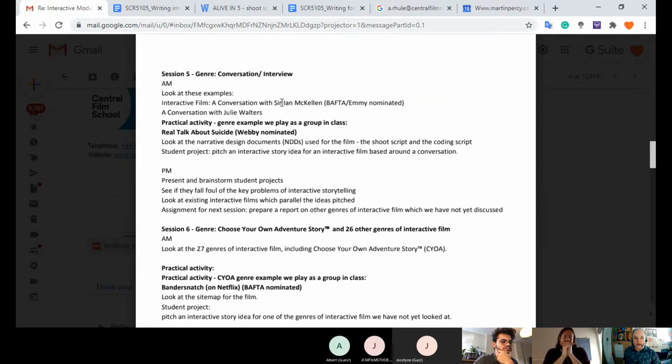So our next session is conversation and interviews. We'll look at an interactive film called Conversation with Sir Ian McKellen, which is one of the key distinctions, as we'll see, is eye contact or no eye contact. So Conversation with Sir Ian McKellen is an eye contact interactive film. So he is looking at you all the way through the film.